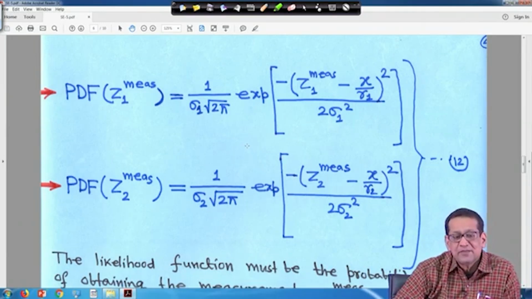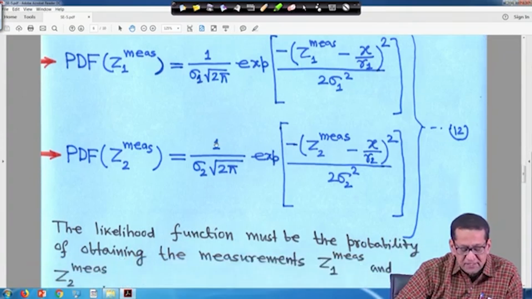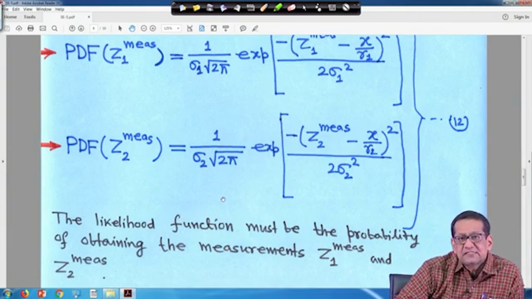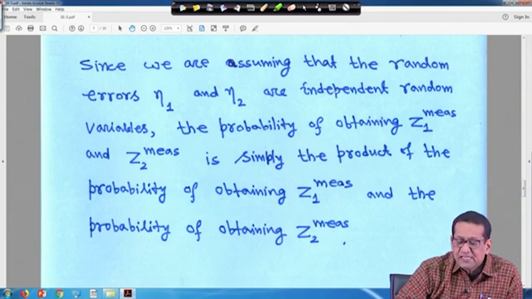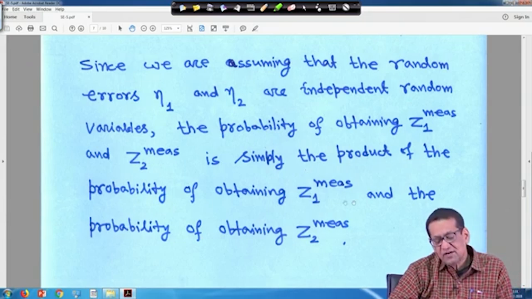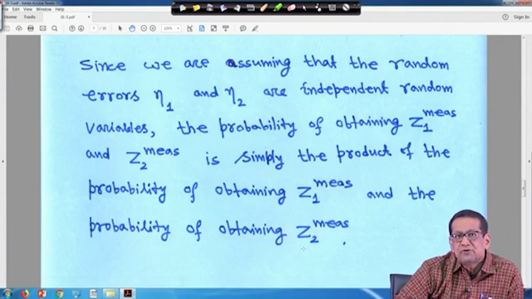Now, we have to maximize the probability of z1 measure and z2 measure. The likelihood function must be the probability of obtaining the measurements z1 measure and z2 measure. Since we are assuming that the random errors zeta 1 and zeta 2 are independent random variables, the probability of obtaining z1 measure and z2 measure is simply the product of the probability of obtaining z1 measure and the probability of obtaining z2 measure.